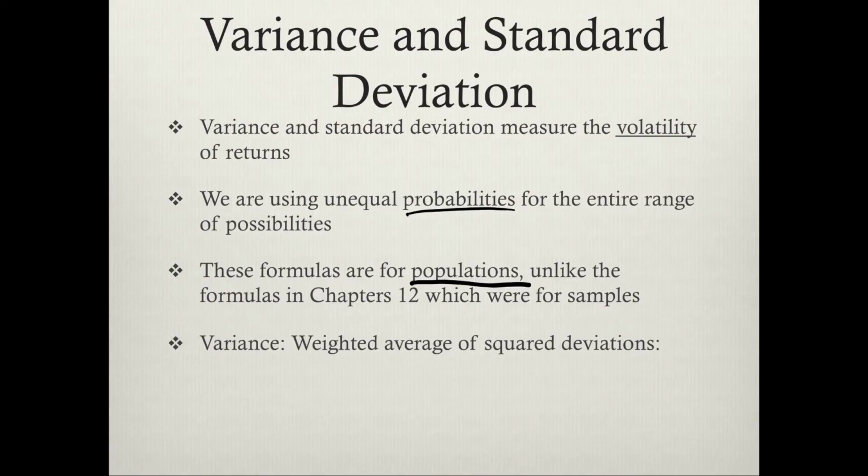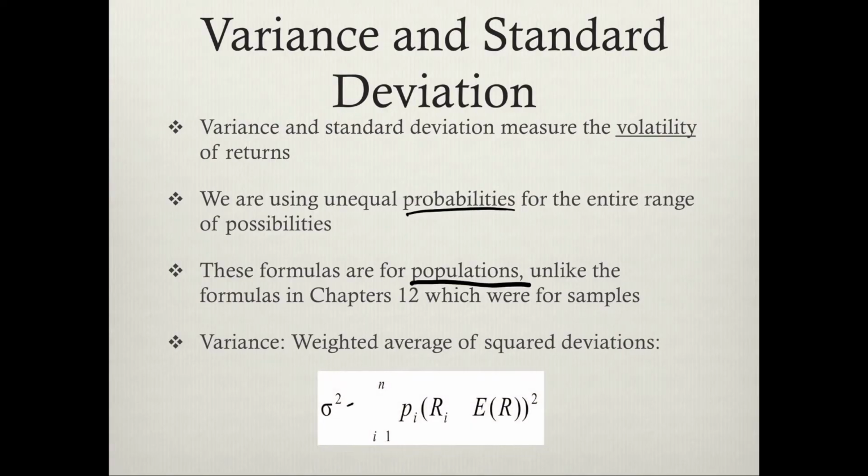So calculating variance is a weighted average of the squared deviations, and once again, you can see my equation did not quite transfer into my slide, so let me just fill this in quickly. So what we are still doing is taking the squared deviations from the average, our expected return, but instead of taking the sum of these and then dividing by n minus 1 like we did in Chapter 12, we take these deviations from the mean and multiply them by the probability of each economic condition.